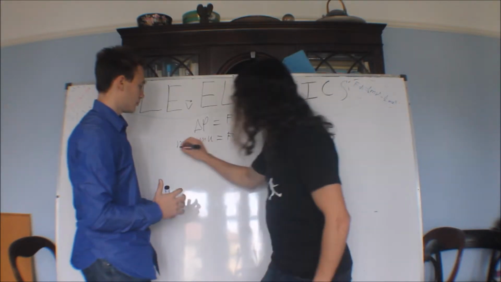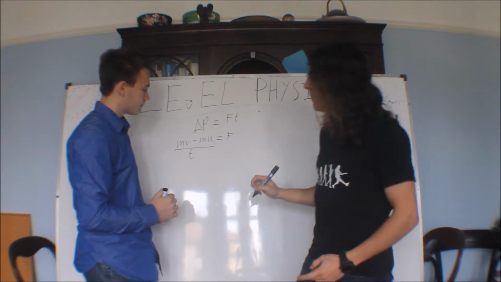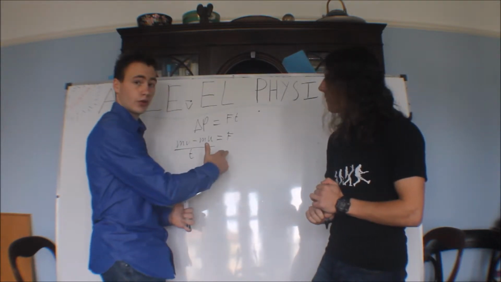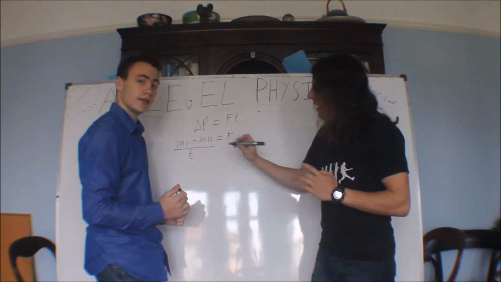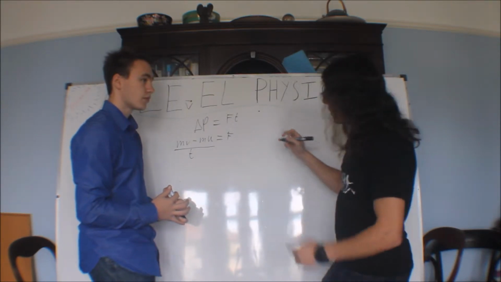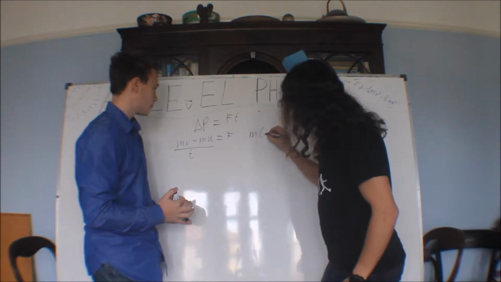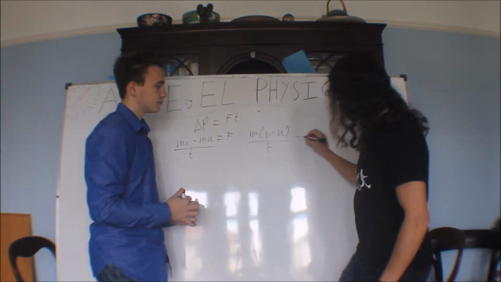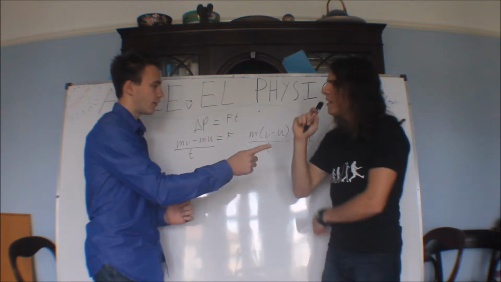But we rearrange it, divide it by t. This is sort of looking like what his law is, because it's equal to force. Yeah, we came there. So, I like it. So now we want to factorise that top bit. So we have m lots of (v minus u), over t equals F. But wait, are you noticing something?